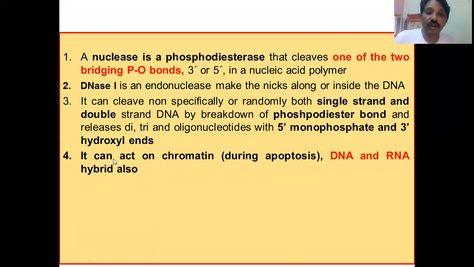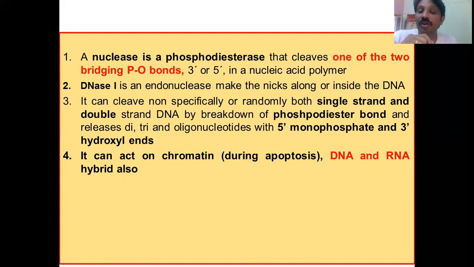Not only this, DNase I acts not only on DNA in extracellular space, but also within the cell. Whenever a cell is undergoing apoptosis, at that time DNase I degrades or fragments the chromatin.